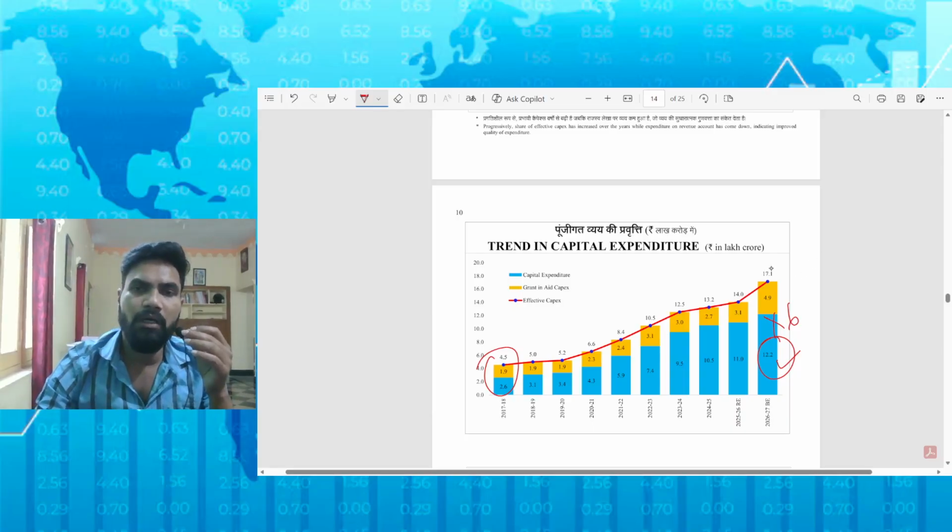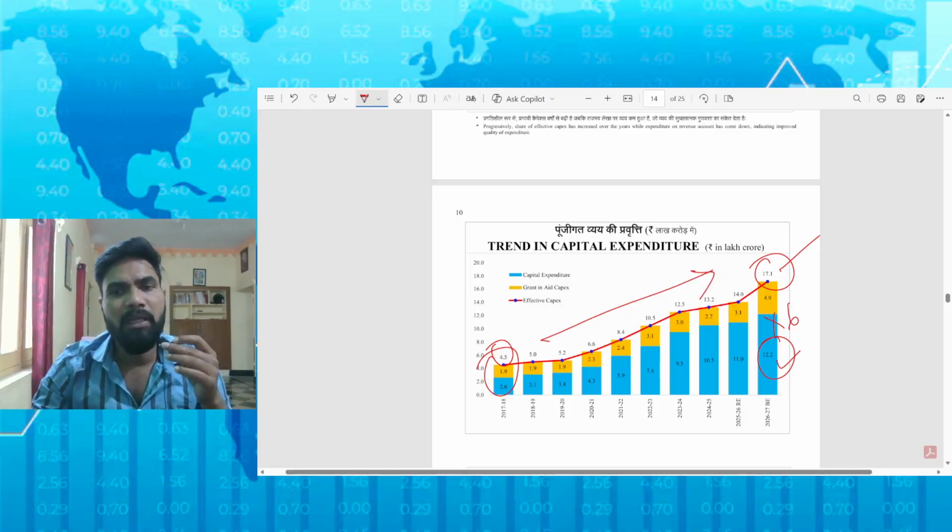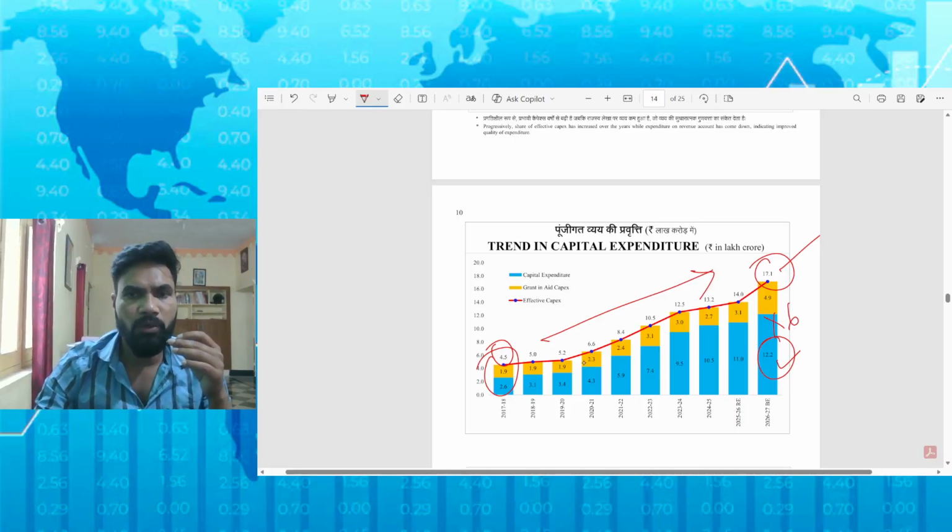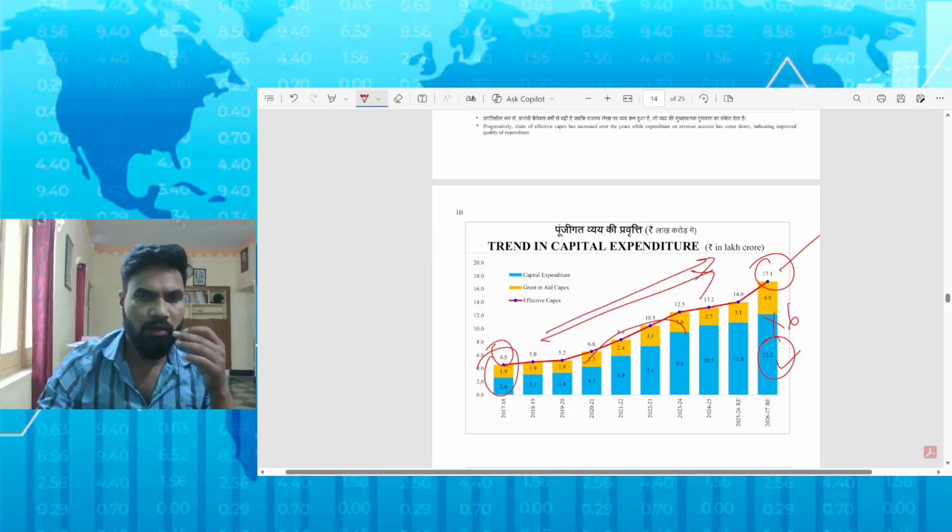If you see the effective capital expenditure, in 17-18 it's 4.5 lakh crore rupees. The budgeted estimation for the coming financial year is 17.1 lakh crore. So the trend is also increasing, reasonably steady. There is no downfall, you will not see the bars falling. So this is a steady growth in the capex of the central government.